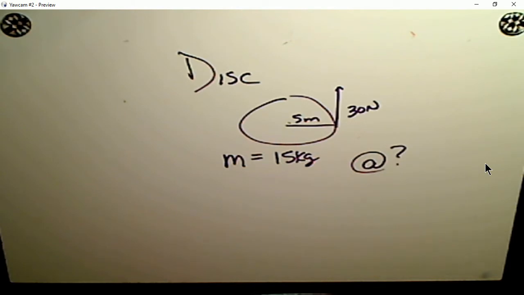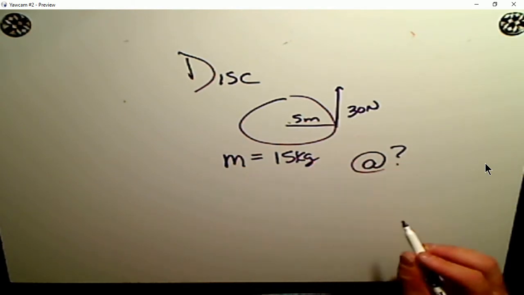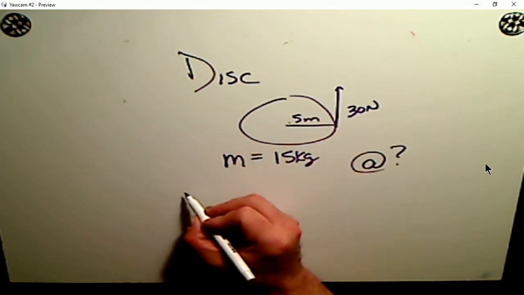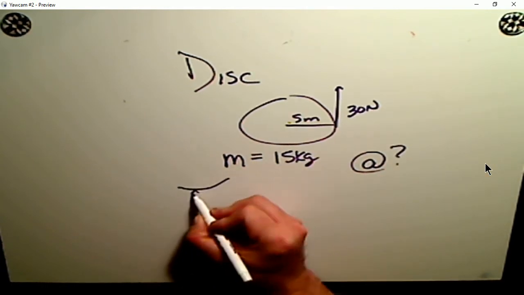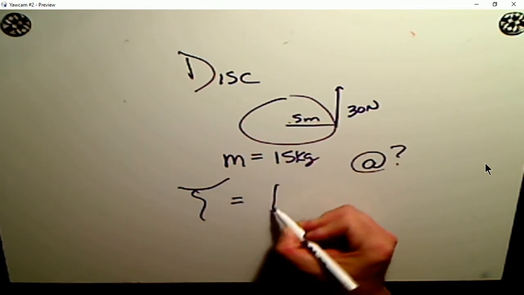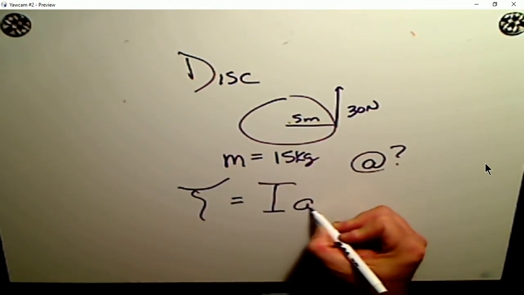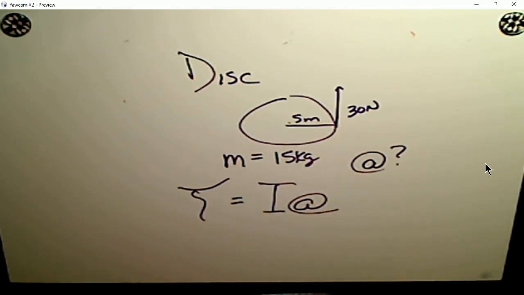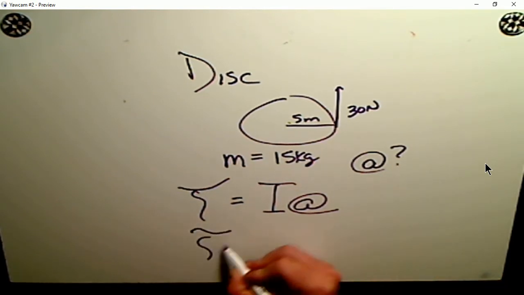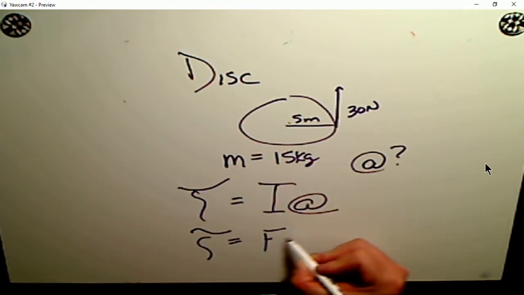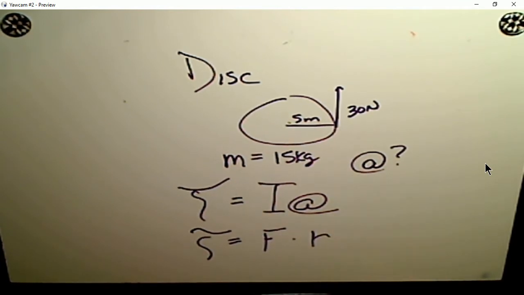So I know that torque is equal to I alpha, right? And I know that torque is equal to force times the radial arm.